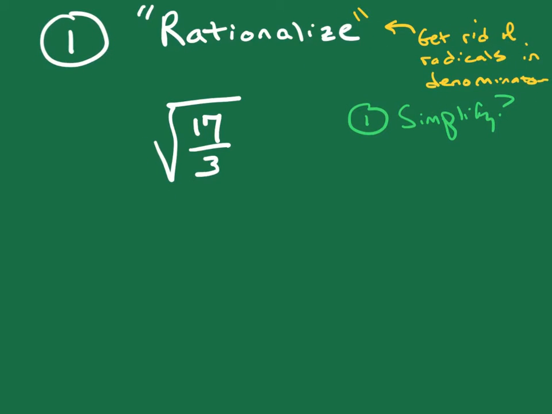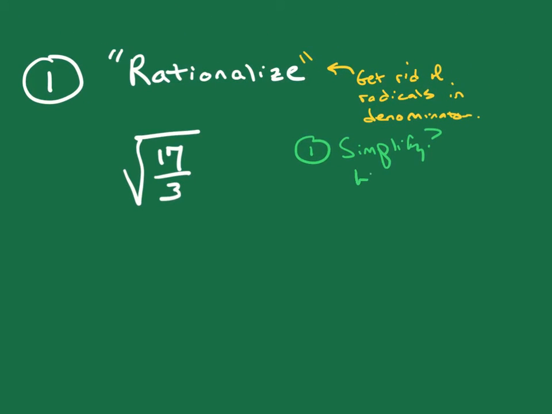And in order to simplify, look for squares or cubes. And since I'll put the little 2 here, since the index is 2, you're going to want to look for squares. So that list that we had on the first slide, you're going to want to see if any of those are factors of either 17 or 3.